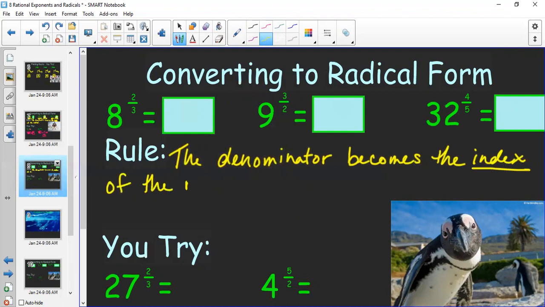So that did not change. The numerator stays as an exponent.